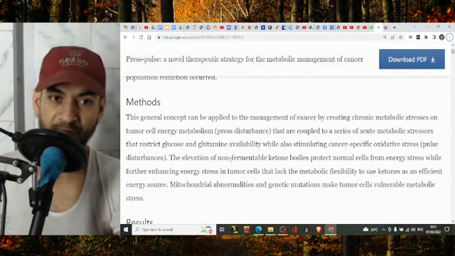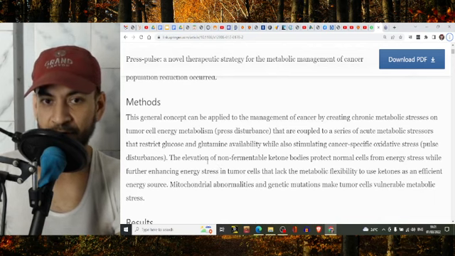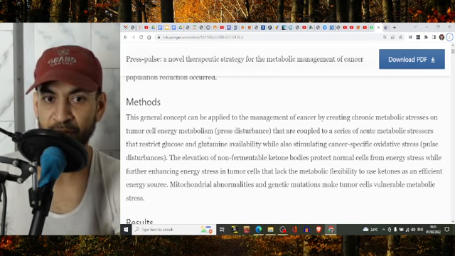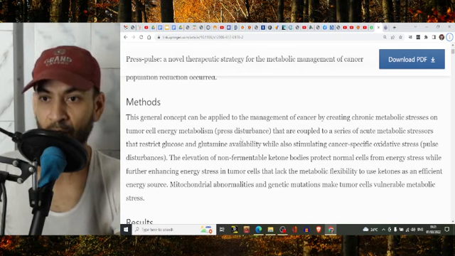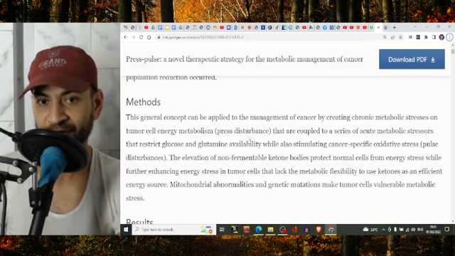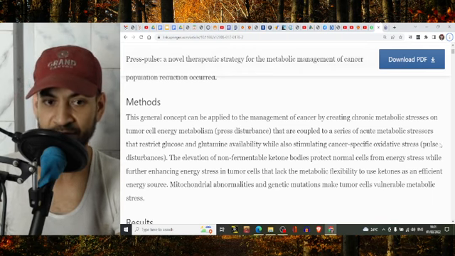Methods. This general concept can be applied to the management of cancer by creating chronic metabolic stress on tumor cell energy metabolism, that means press disturbances, that are coupled to a series of acute metabolic stresses that restrict glucose and glutamine availability while also stimulating cancer-specific oxidative stress, pulse disturbances.